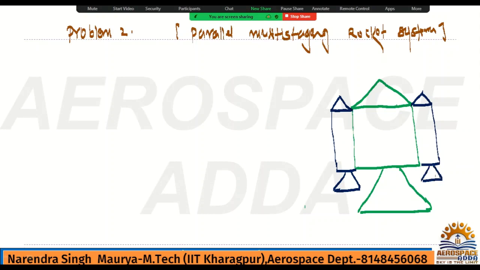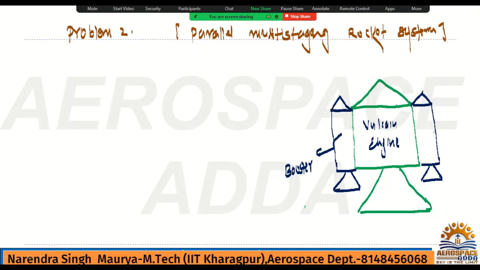So this is what parallel multi-staging is. That's the reason I told you, this is the Vulcan engine, meaning main engine, and this is the booster. The name they have also given: P230.